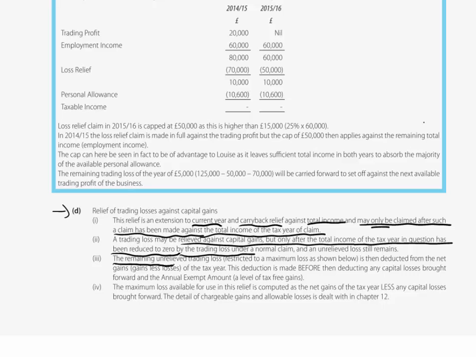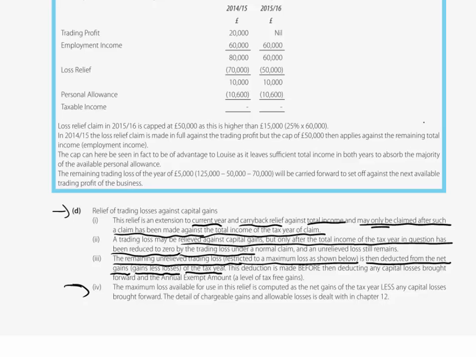Okay, how do we do this? The remaining unrelieved trading loss following your total income claim is restricted to a maximum loss as shown below. We'll come to that point in a few minutes' time. Again, it's not usually an issue in terms of an exam question. So, having computed the loss available, it's then deducted from the net gains of the year, i.e. gains less losses of the tax year.